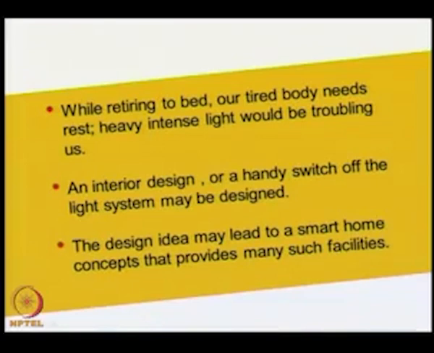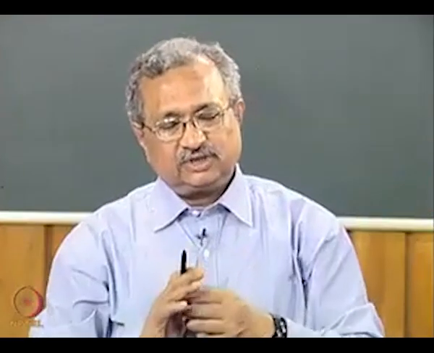while retiring to bed, our tired body needs rest. Heavy intense light would be troubling us. An interior design or a handy switch-off light system may be designed. It means when the light is there, if I am feeling sleepy, with the eye matter and eye fatigue, the body also needs rest.